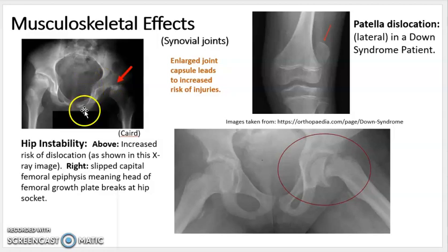The first image over here is an image of a hip in a Down syndrome child, and you can see that it is dislocated, as shown in the X-ray image. Over here, it's a slipped capital femoral epiphysis, meaning the head of the femur breaks at the growth plate at the hip socket. And over here is a patella dislocation, a lateral patella dislocation, I should say, in a Down syndrome patient.